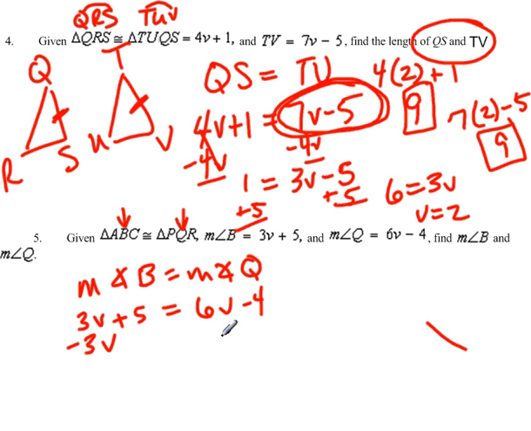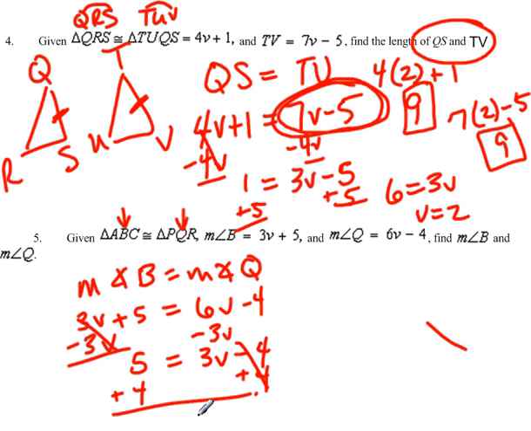I'm going to subtract 3v. Gives me 5 equals 3v minus 4. If I add 4, 9 equals 3v. Therefore, v equals 3.